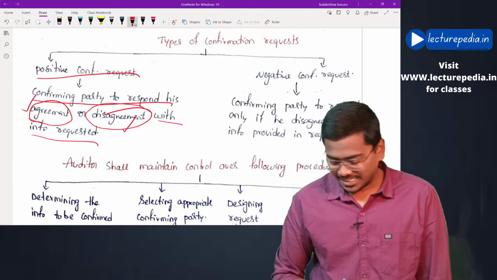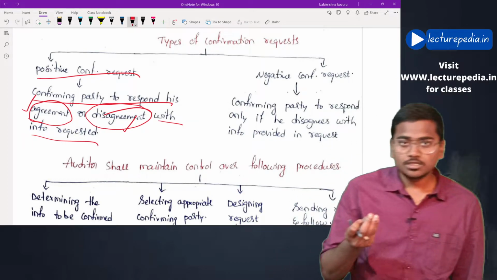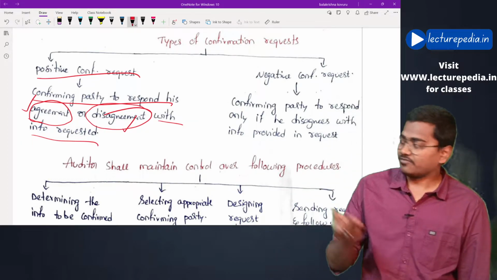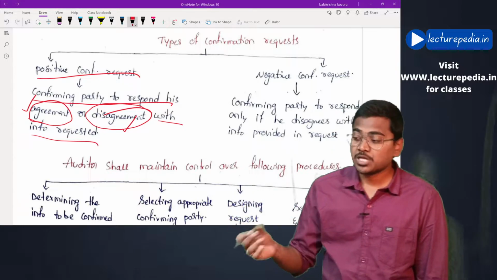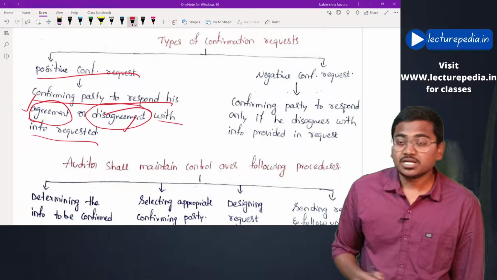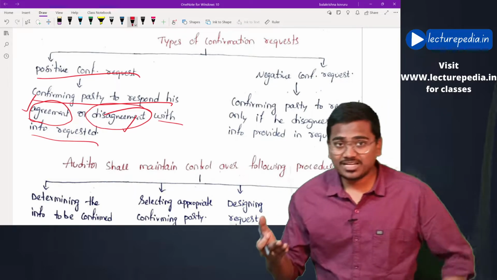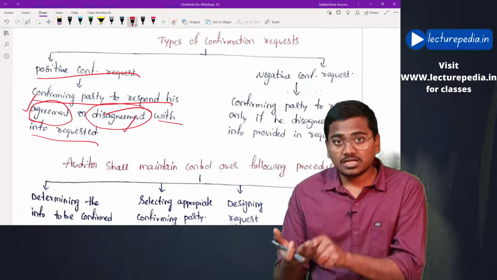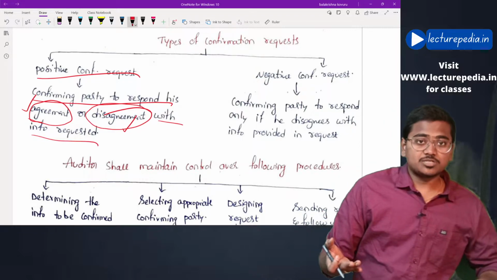Now you might get a doubt: if the auditor sends a confirmation request to the third party, what is the guarantee that the third party will verify the amount present in the confirmation request with his books and will respond?